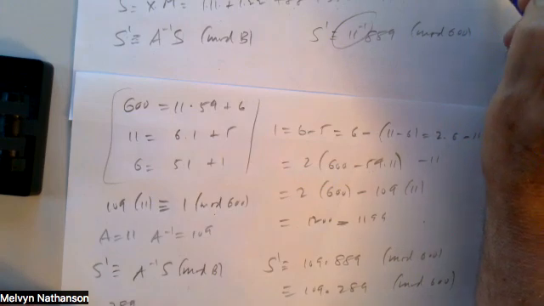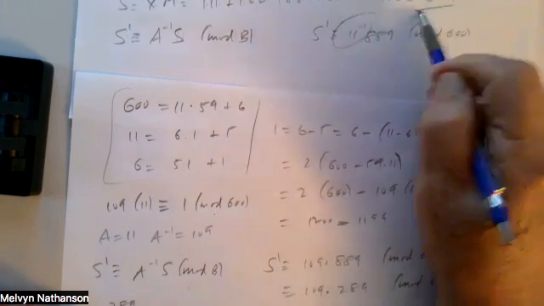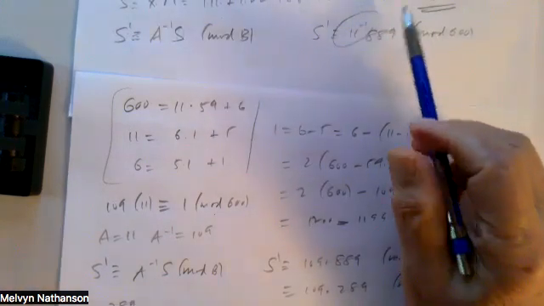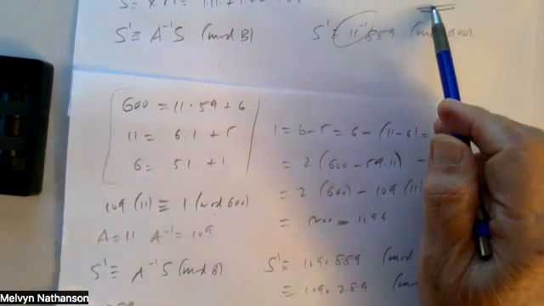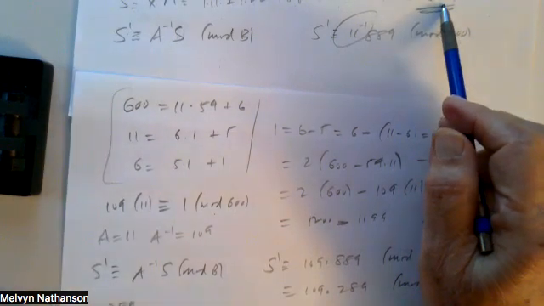Sorry, I get 889. So this is correct. So the encrypted number that Bob sends to Alice is 889.